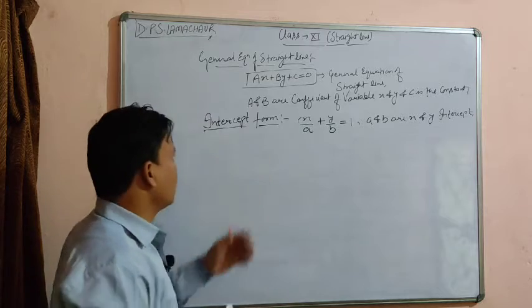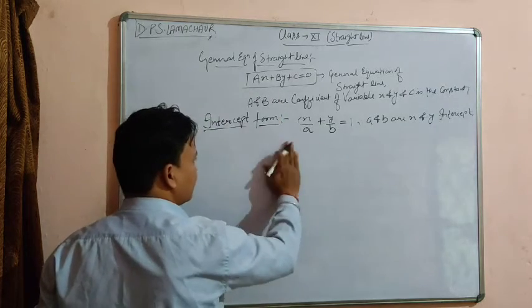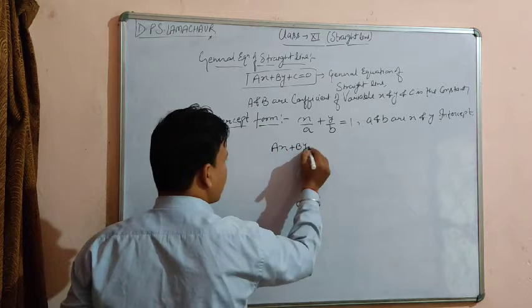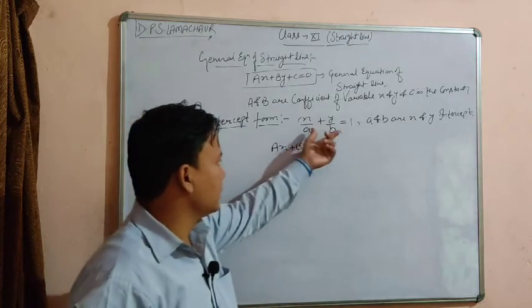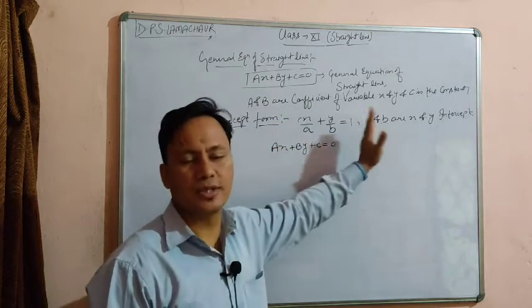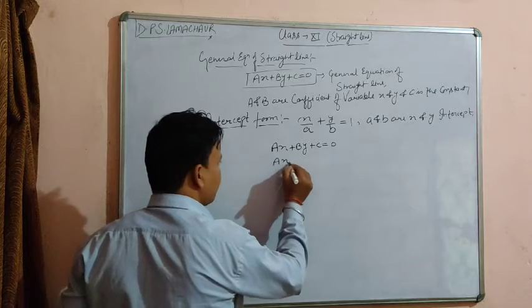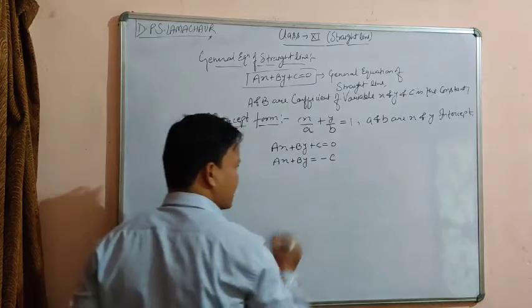Now we have to reduce this general equation into intercept form. For that purpose, first we write ax plus by plus c is equal to 0. Now see, in intercept form the variable terms are on the left hand side and the constant is on the right hand side. So we shift the constant term to the right hand side, which becomes minus c.